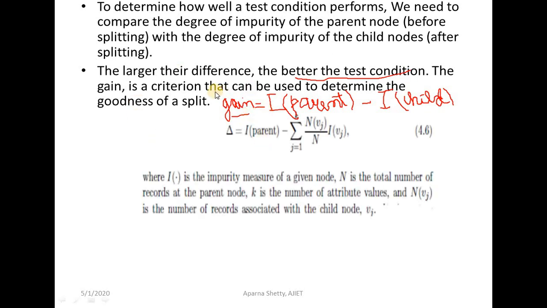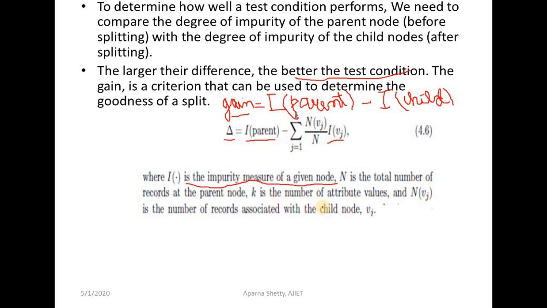So here they have given gain is equal to this. This is the notation used to represent the gain. Here I is the impurity measure of the node. Impurity measure of the parent, as I told you, minus the impurity of the child. N is the total number of records at the parent node. k is the number of attribute values.